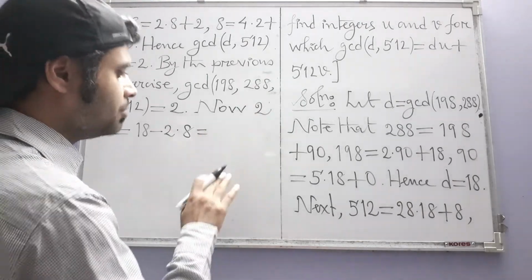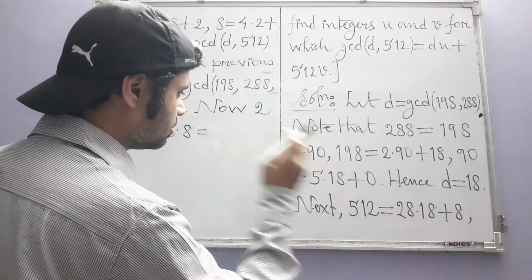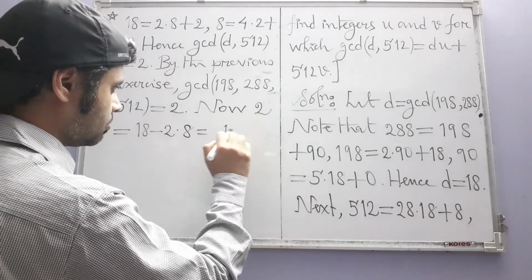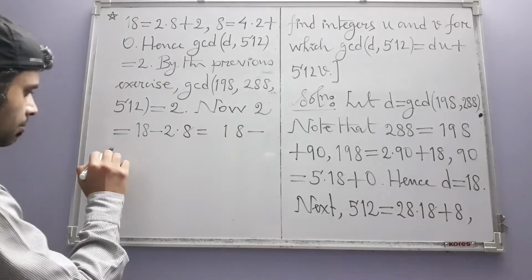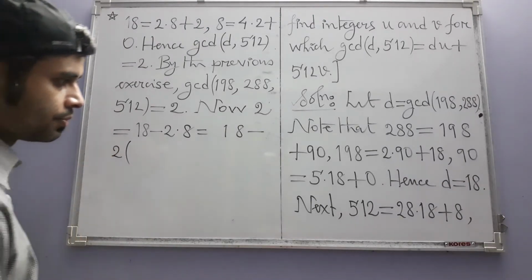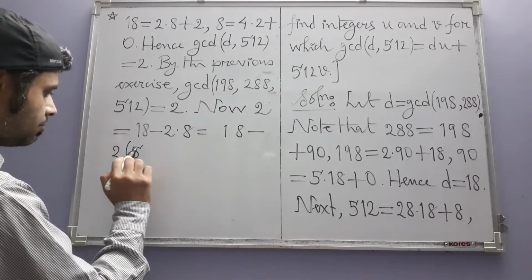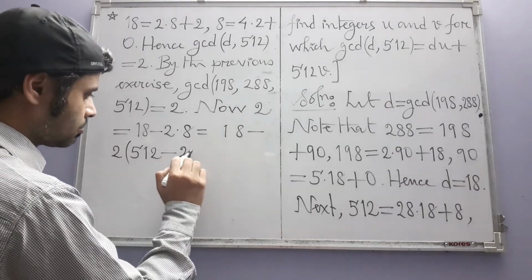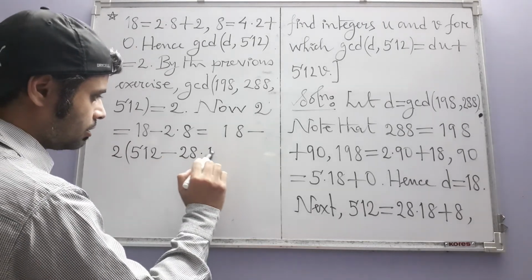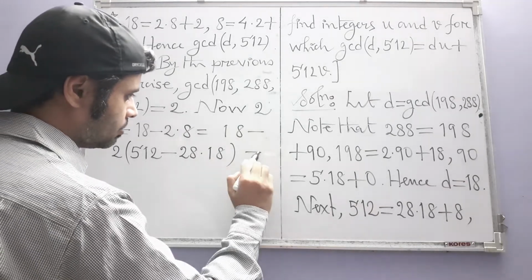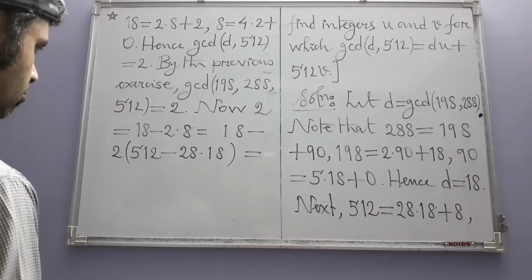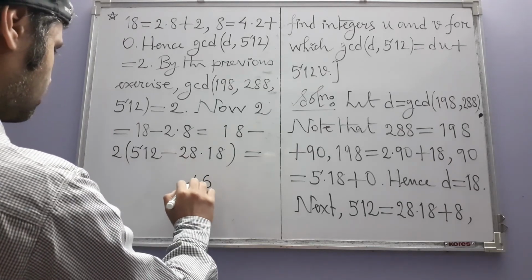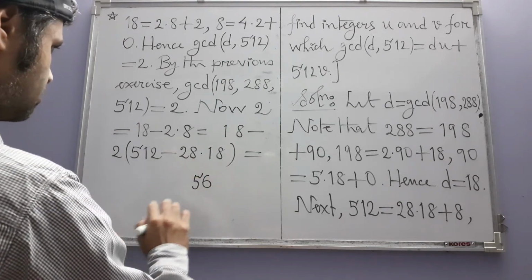And then the previous one, that is this one. From this one we can write an expression for 8. So 18 minus 2 times 8 is 18 minus 2 times (512 minus 28 times 18). Okay, so it will be how much? 56.